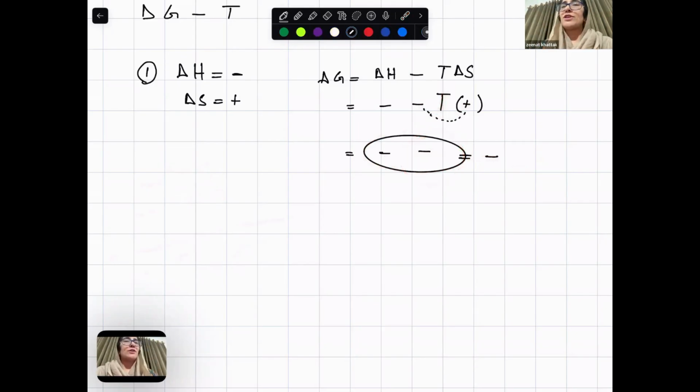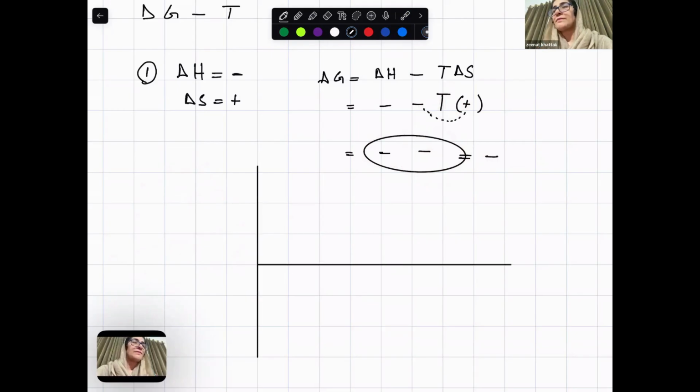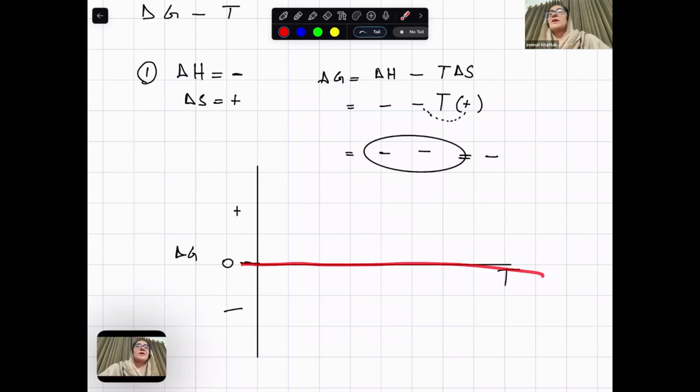If I plot the curve, this is delta G with zero, plus and minus, and this is temperature. The temperature increases this way.